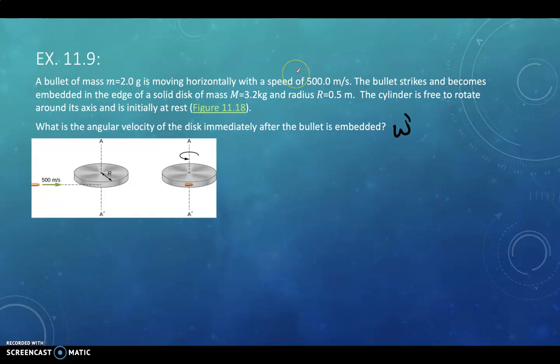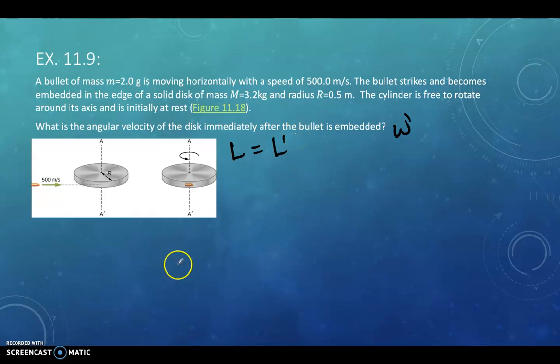So what we'll do is we'll have some angular momentum before and after the collision, and again it's conserved. So we want to find this angular velocity after the collision.